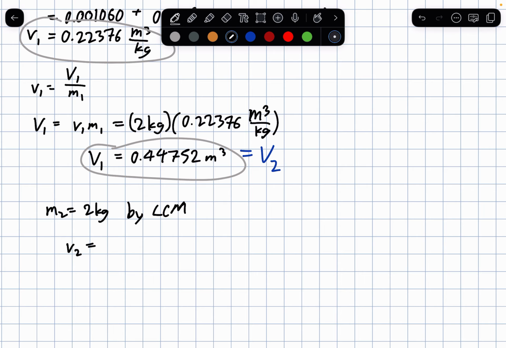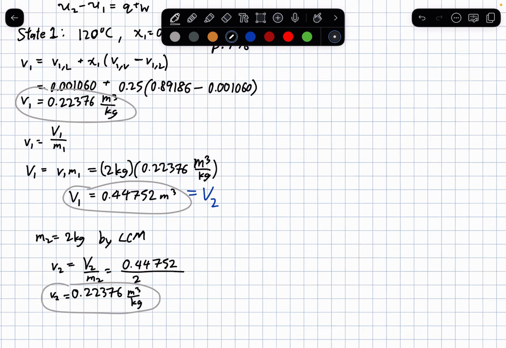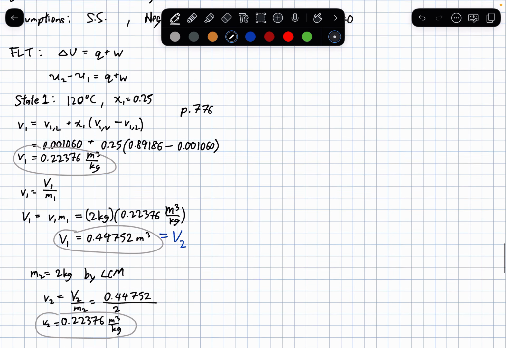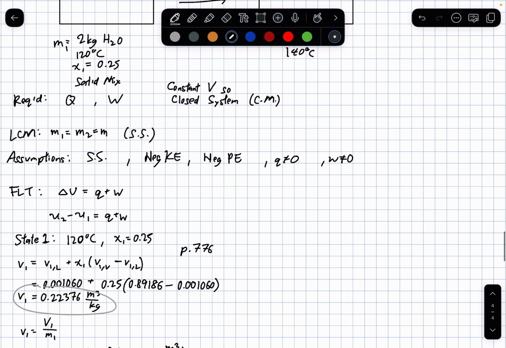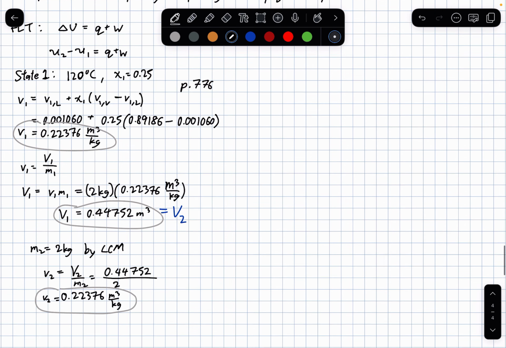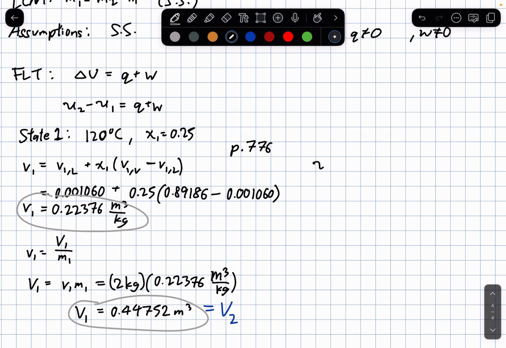So V2, specific volume, is going to be, what is that equal to? 0.22376. Okay, so what now? In state 1, we also need internal energy.